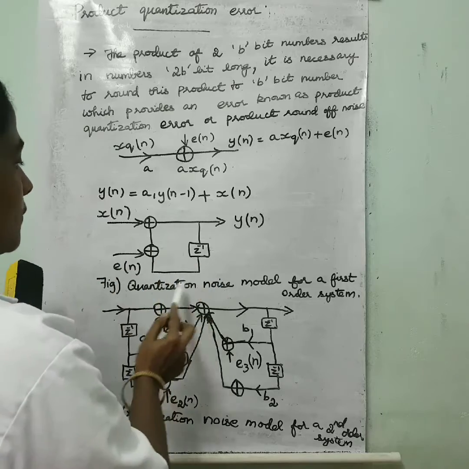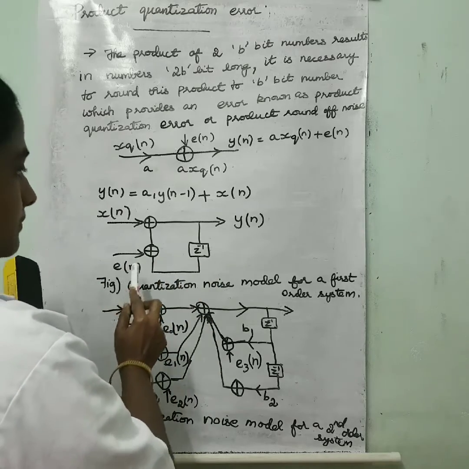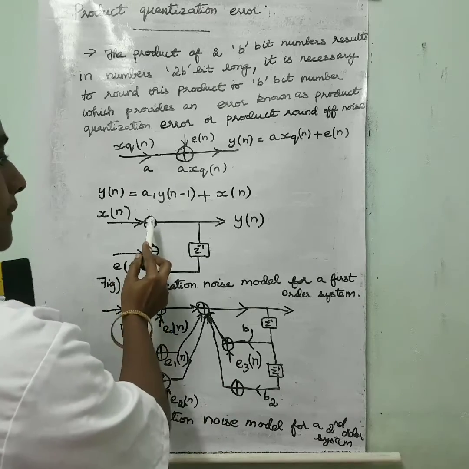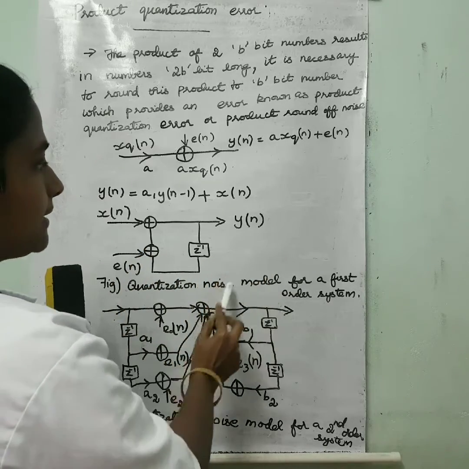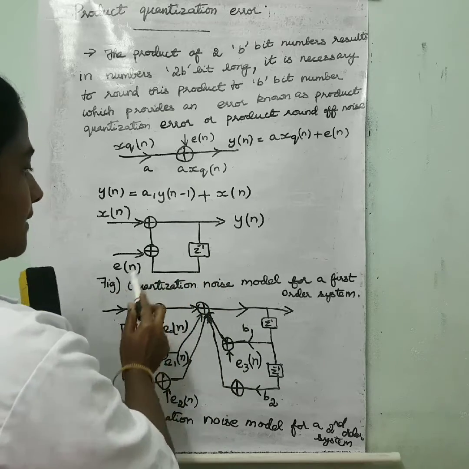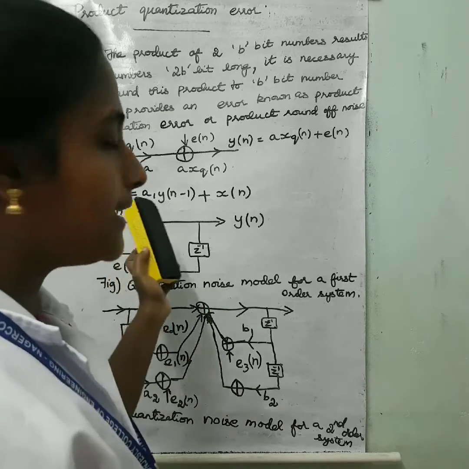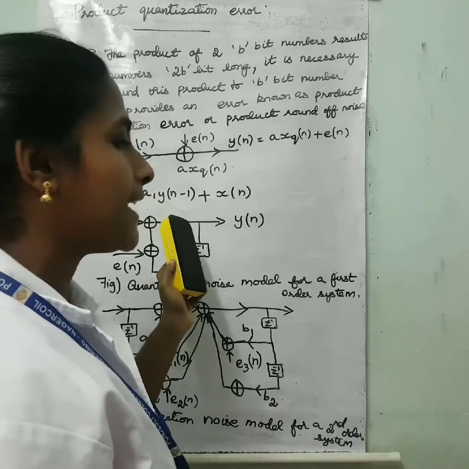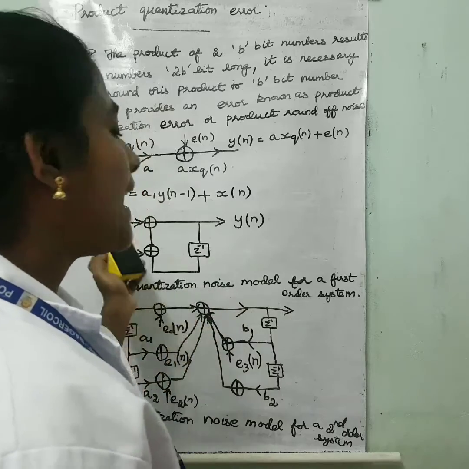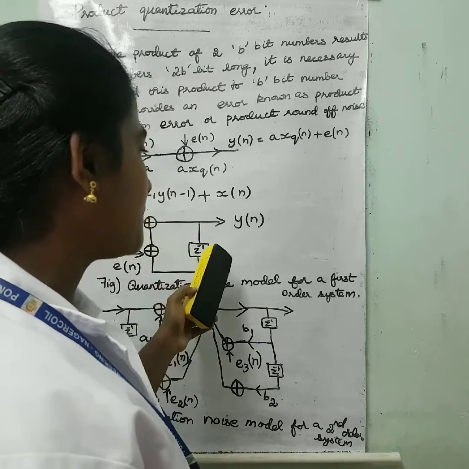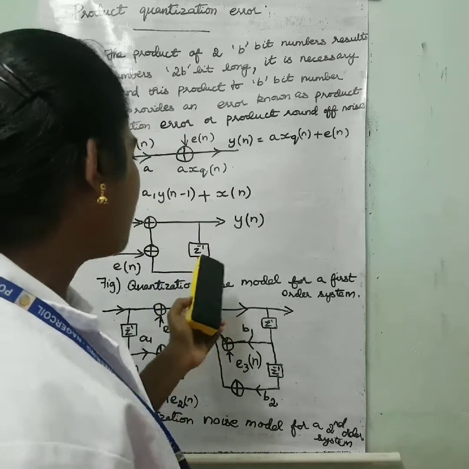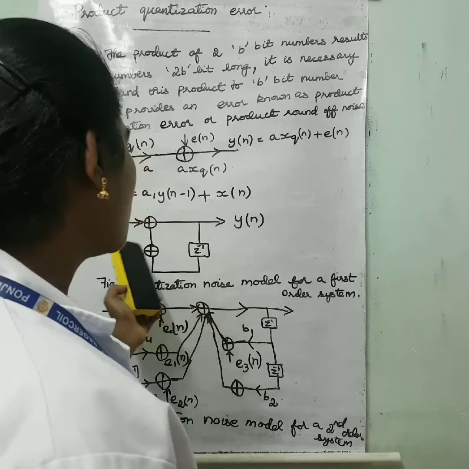So this is the quantization noise model for a first order system. Here x of n, here y of n, here we have one delay, and here is the error added. Here each finite precision multiplier is replaced by a single multiplier and round off error.